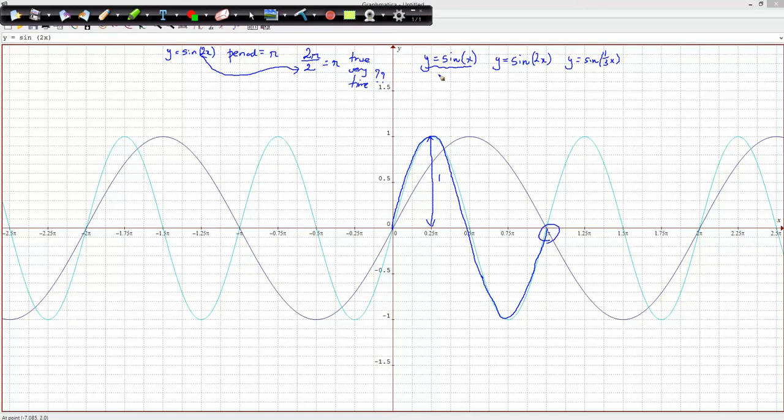I think we might need to clear this a bit, but let's do a little bit of prediction first before we clear. If this is true, then we might predict that the amplitude of this curve is still going to be 1, but the period, to be careful here, is going to be 2 pi divided by 1/3.